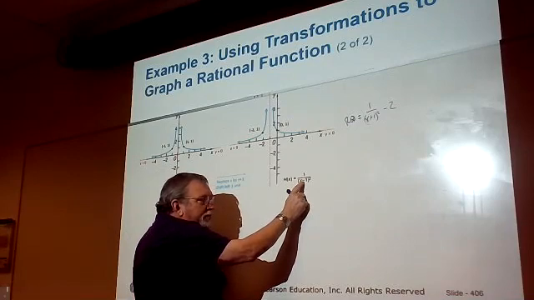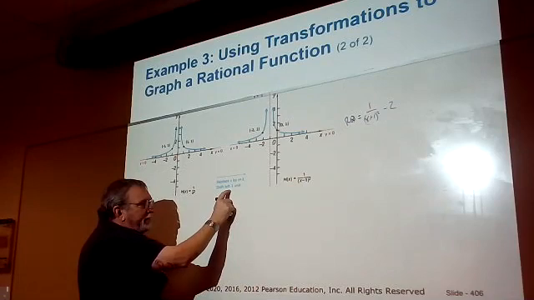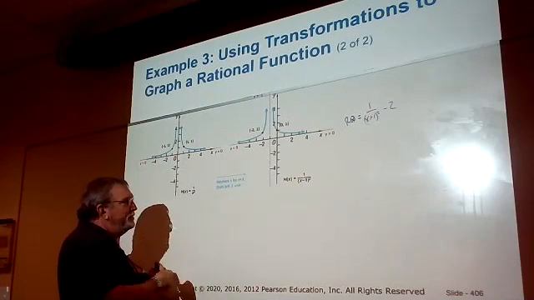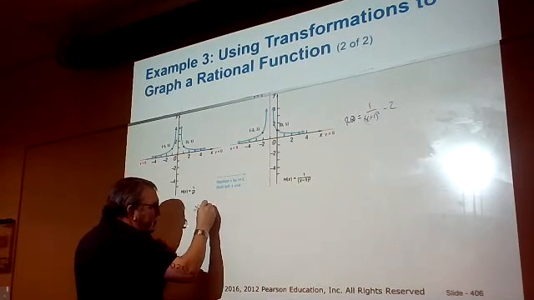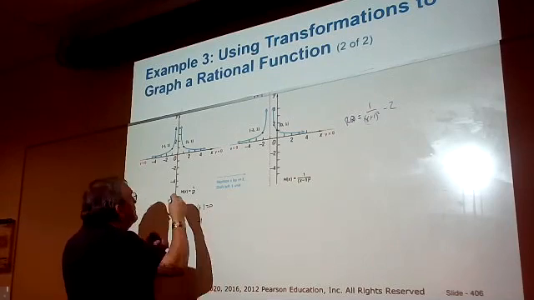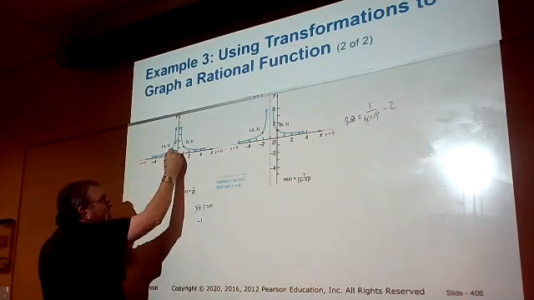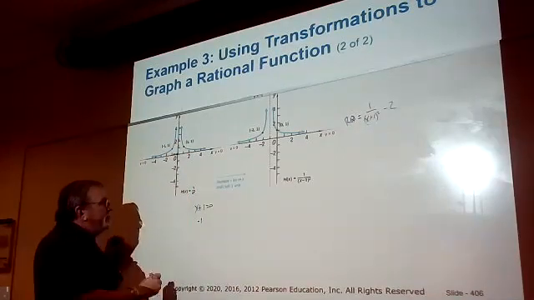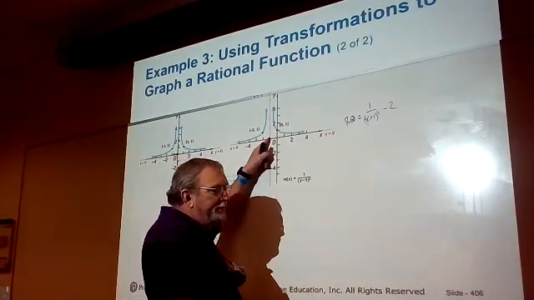Someone should have put a plus here instead of a minus. But the shift here is to the left, because what makes x plus 1 equal to 0? Well, that's -1. So that means I'm shifting this over to here. So I'm shifting my vertical dashed line over 1 unit.